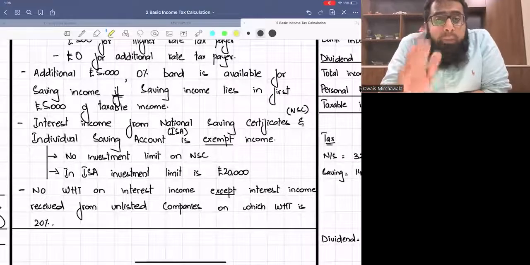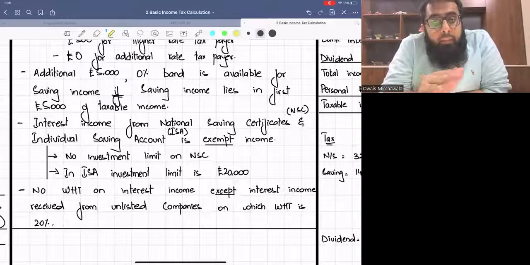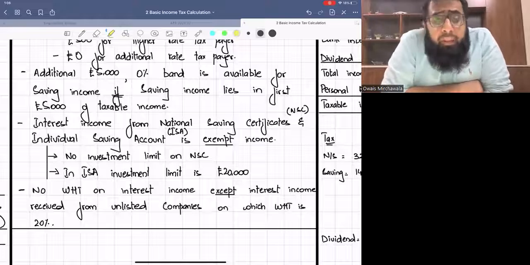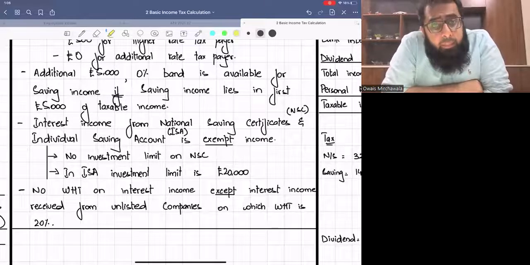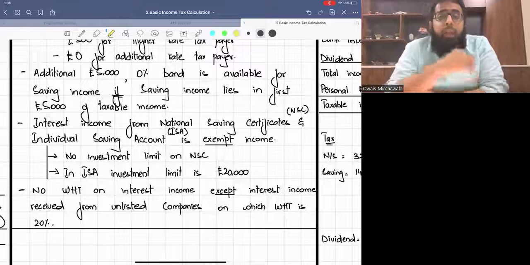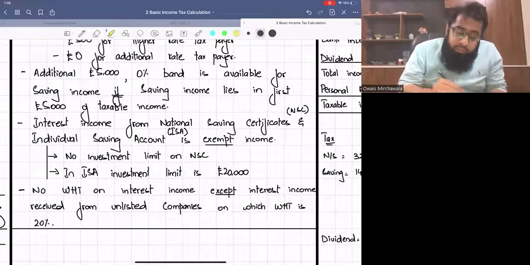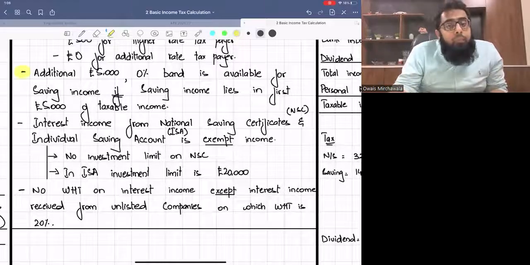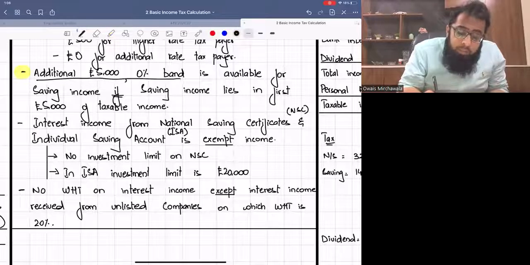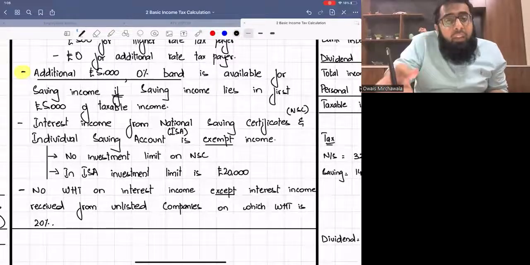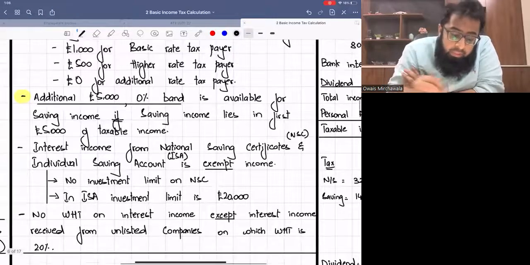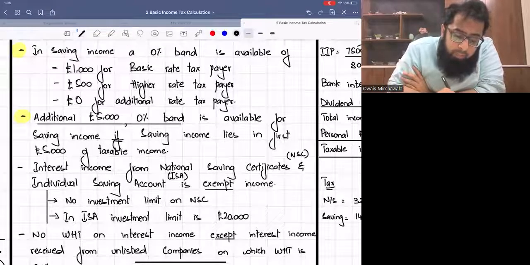Now the normal 0% band is of £1,000 for basic rate taxpayer, £500 for higher rate taxpayer, and £0 for additional rate taxpayer. Now, in addition to this, there is an additional £5,000 0% band. Now, these are the normal bands which are available.